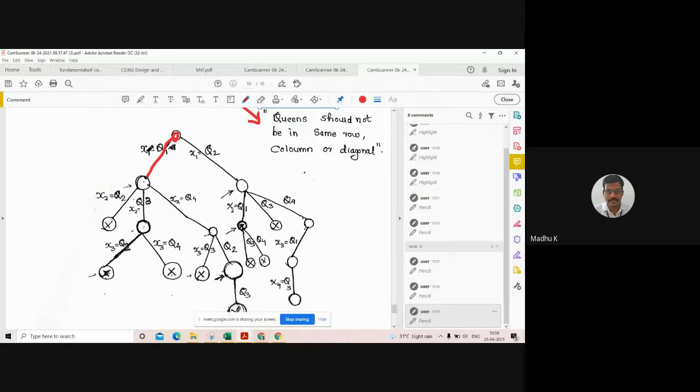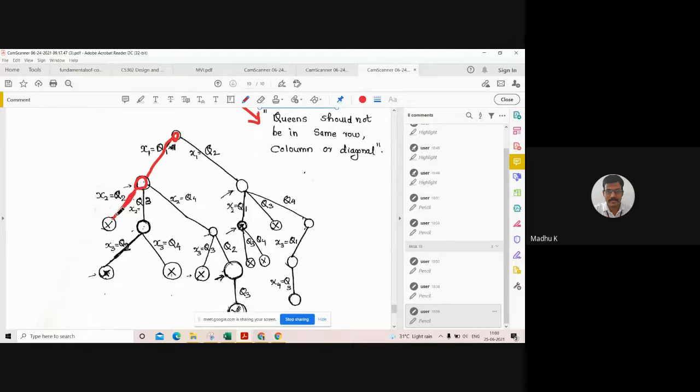Next I reach this state. This is the backtrack approach. Then from this, before creating the next node, I can create this node.